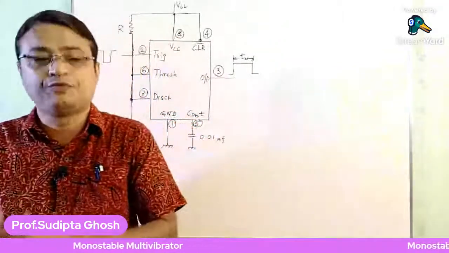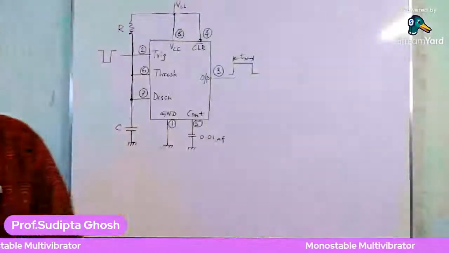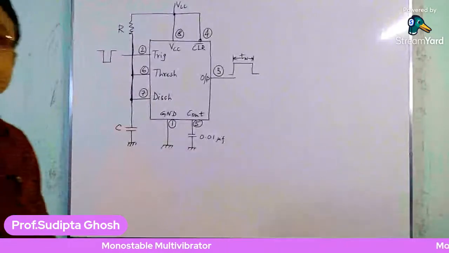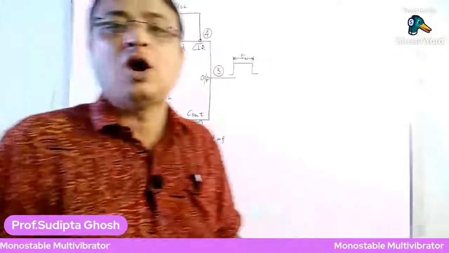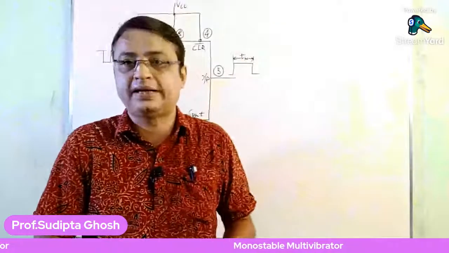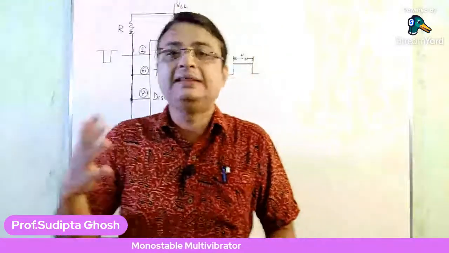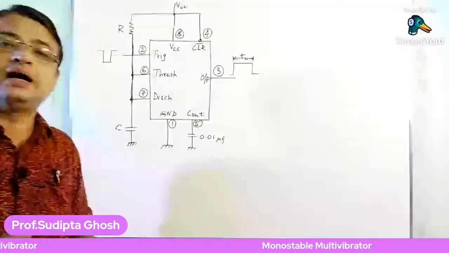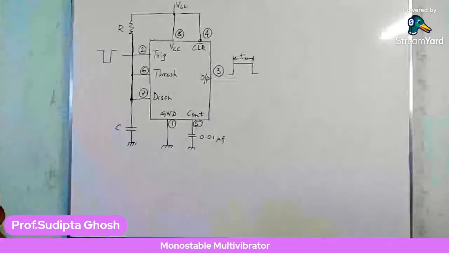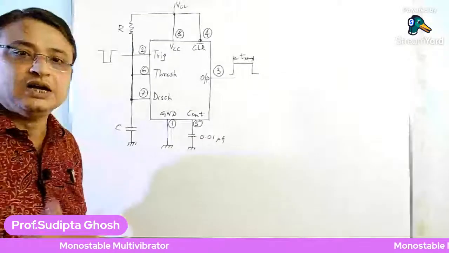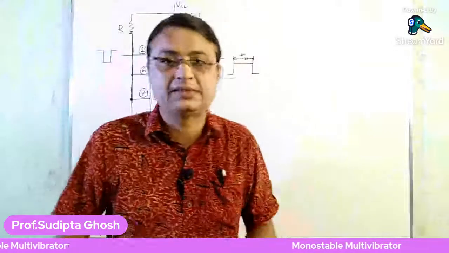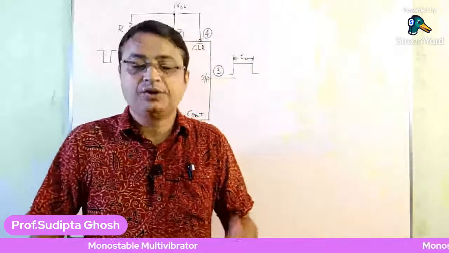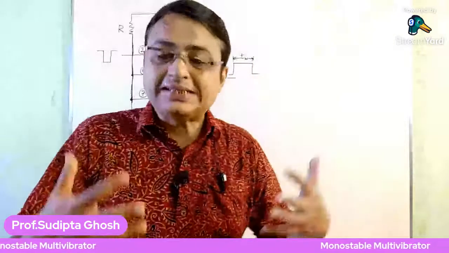As I have already discussed, for a monostable multivibrator to switch its state from stable to unstable, or from unstable to stable, a trigger input is required, and this trigger input makes the voltage value less than 1/3 VCC, which makes the output of the 555 timer go high. Okay. So now let's discuss the stable state first.